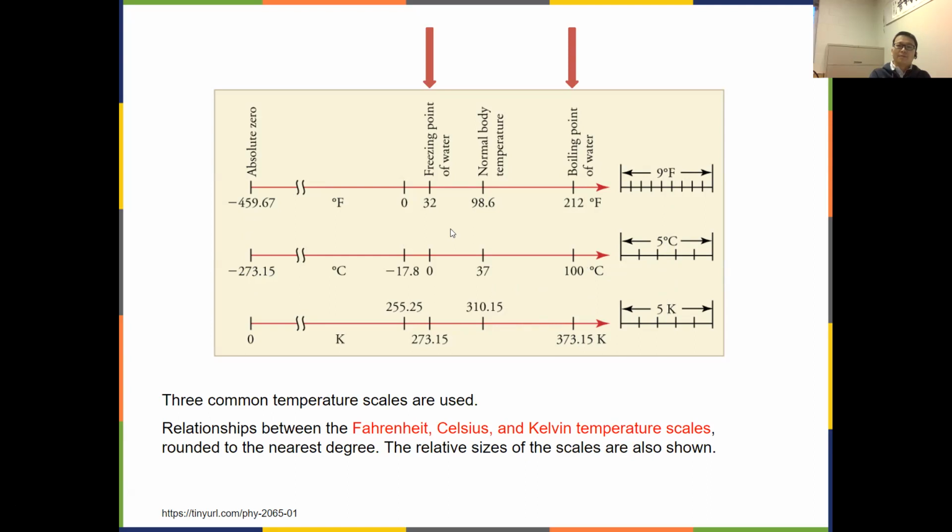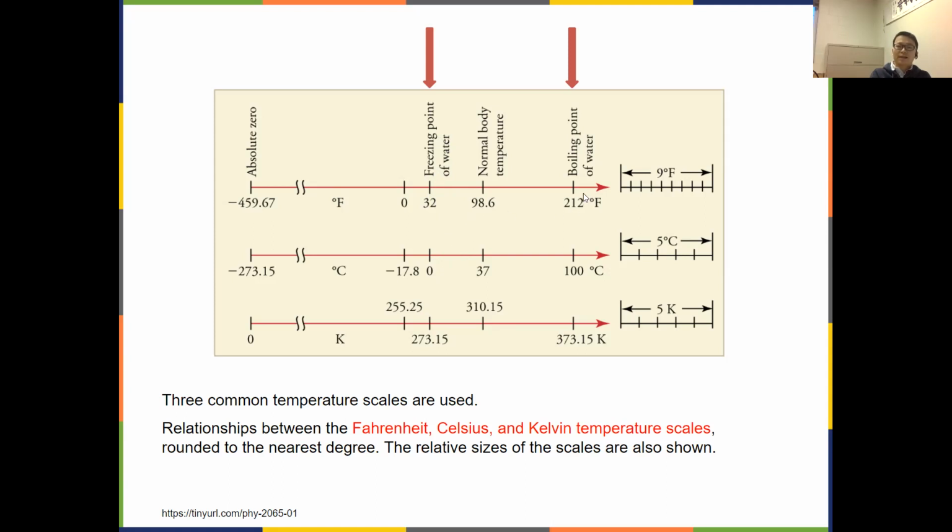But we can use certain reference points. For example, freezing of water happens at 32 degrees Fahrenheit under normal, ambient conditions, I should say. But it happens at 0 degrees Celsius.